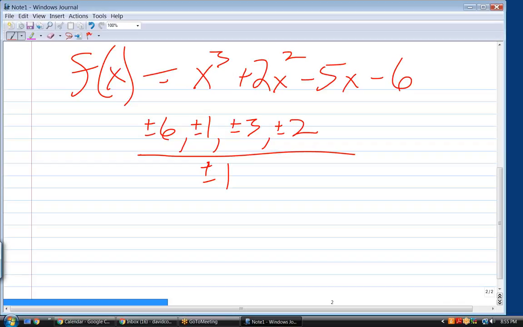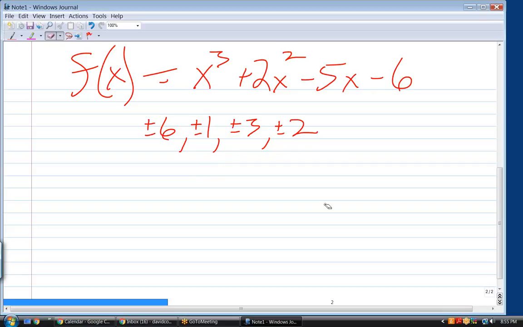The numerator has to be a factor of 6. And then the other one, 1. Exactly. So my possible rational factors, if I combine everything here, is the numerator, all 4 of those. In other words, if I simplify this, I get plus or minus 6, plus or minus 1, plus or minus 3. So those are our possible rational factors.